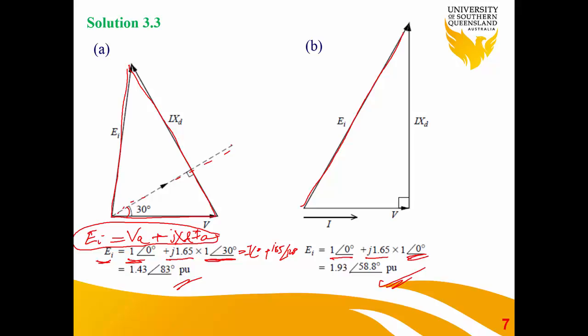So far, you can calculate the internal voltage EI equal to VA plus jXD times I. What does it mean, XD and I? This is the drop due to the inductive component.